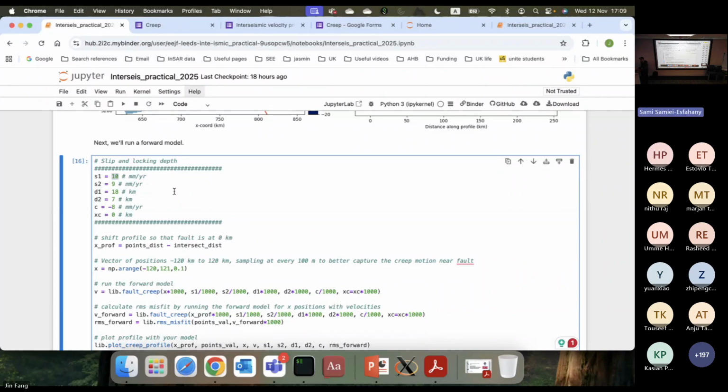What's your answer? S1 minus 0.2, not so perfect. 7, 18, 18, 11, and minus 10, minus 7, and 0.